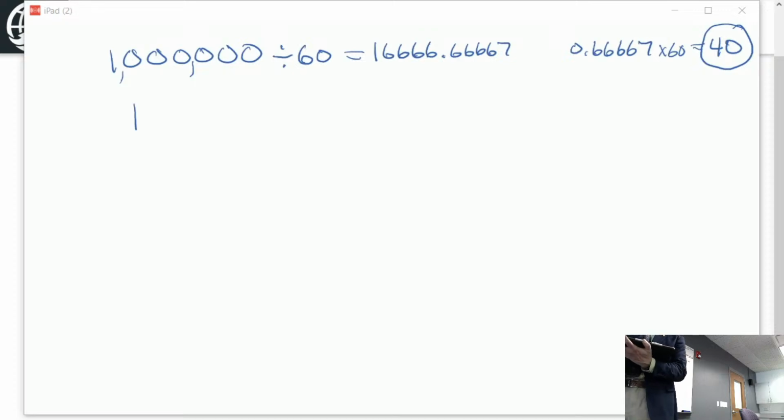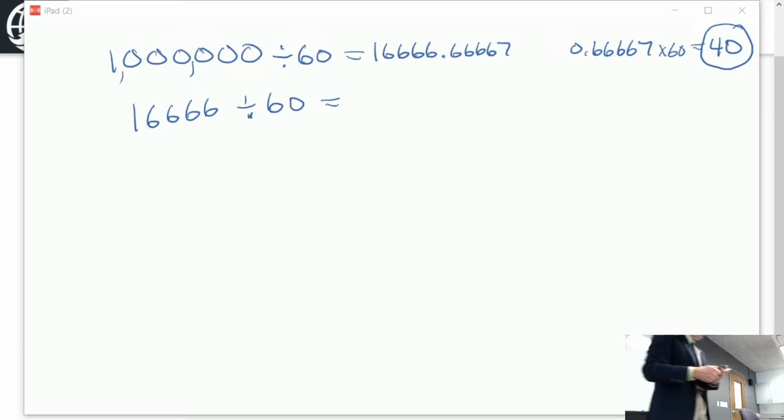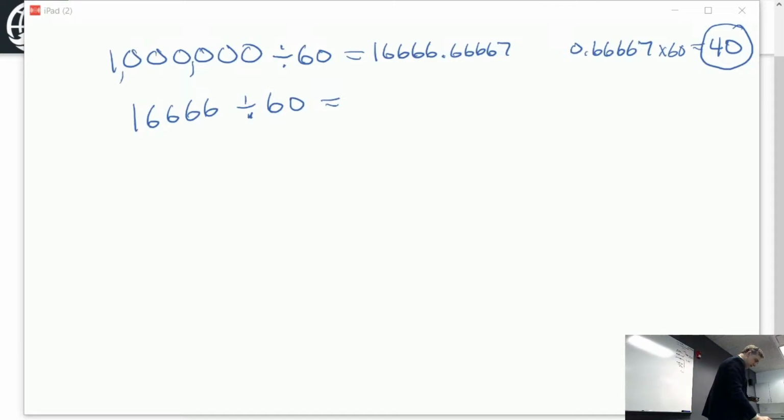Now I'll take the 16666 minutes, divide that by 60 to get the number of hours. 16666, and I got 277.76667, and then I take 0.76667 times 60.